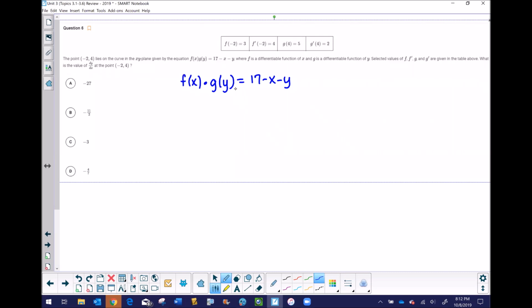So product rule right off the bat. So we have the derivative of f(x) times g(y), plus f(x) times, here is the tricky part, what is the derivative of g(y) with respect to x?